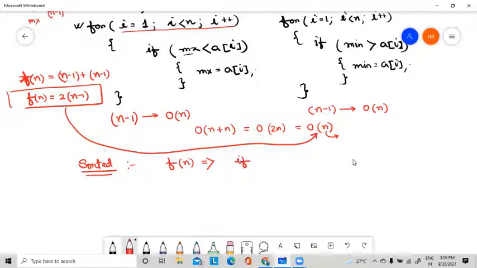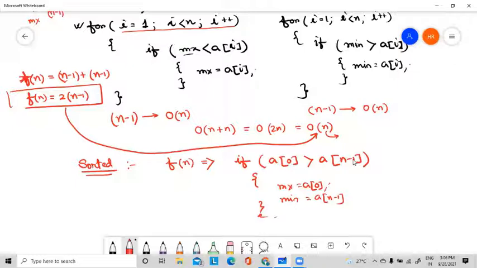So you have to write: if A[0] is greater than A[n-1], simply I have to write this. If this is true, then obviously mx is A[0] and mn is A[n-1]. Else the reverse. So this is the thing you have to write if it is sorted.